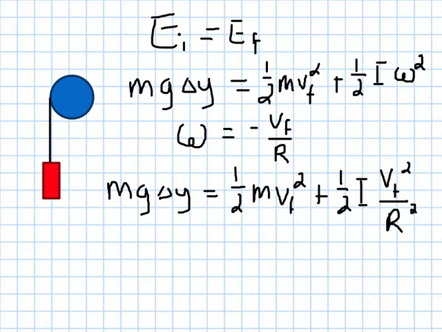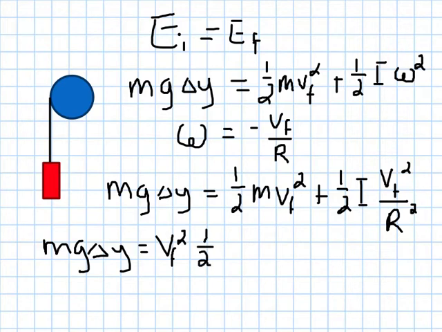I was asked to solve for V final, and I noticed that on the right hand side I have V final squared twice. I can go ahead and factor that out. So now this is going to look like mg delta y is equal to V final squared times 1/2 times m plus I over r squared.